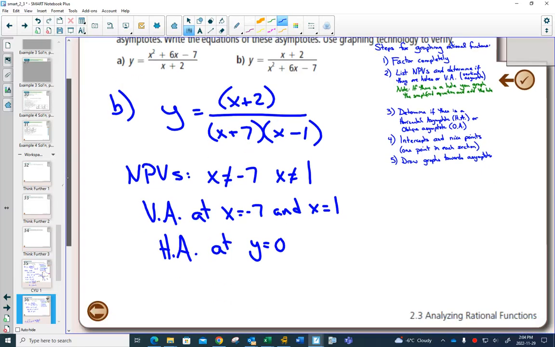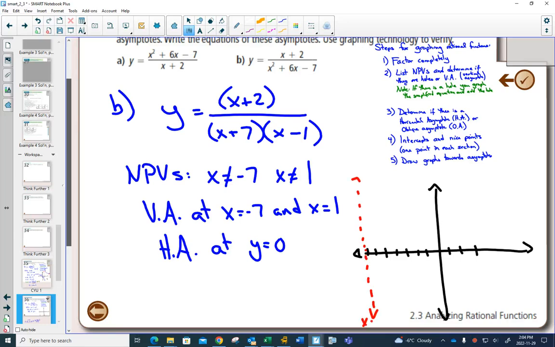Once you have all of your asymptotes, we can start drawing them: x equals -7, x equals 1, and y equals 0.